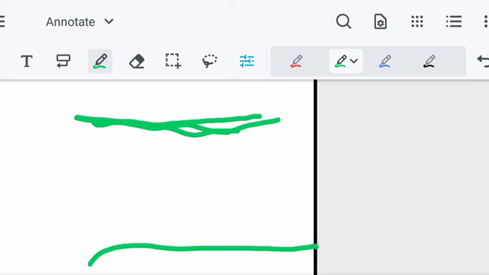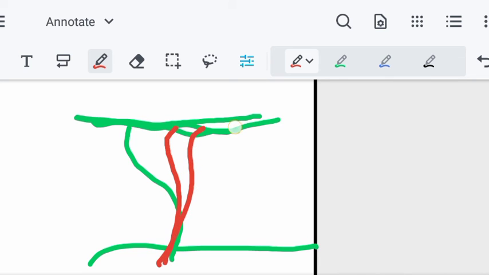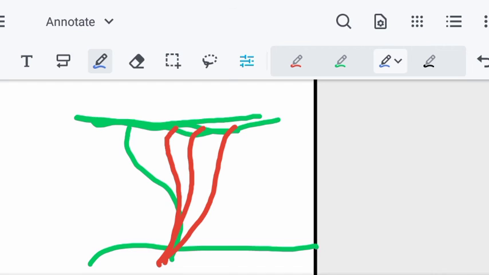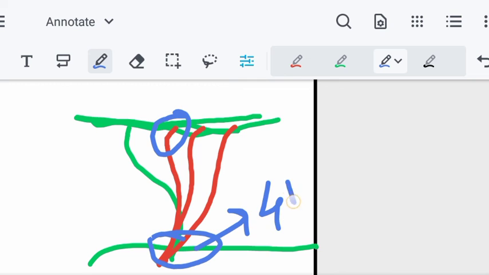These are the dentinal tubules, I'll draw them in red. Look here, for the same surface area, near the dentin enamel junction only one dentinal tubule is present, whereas here 4 dentinal tubules are present.